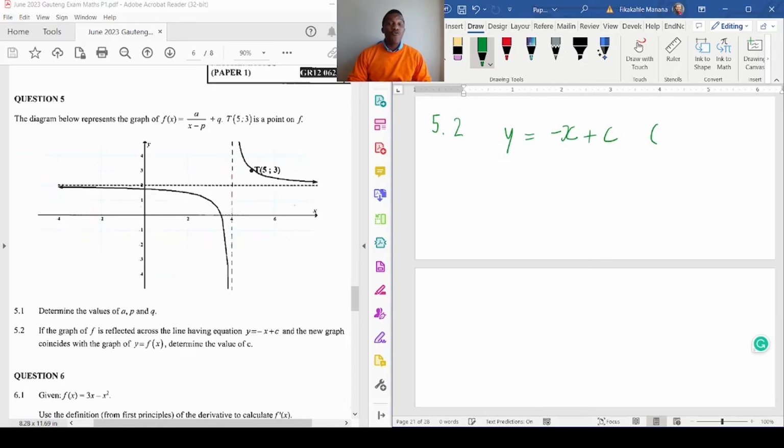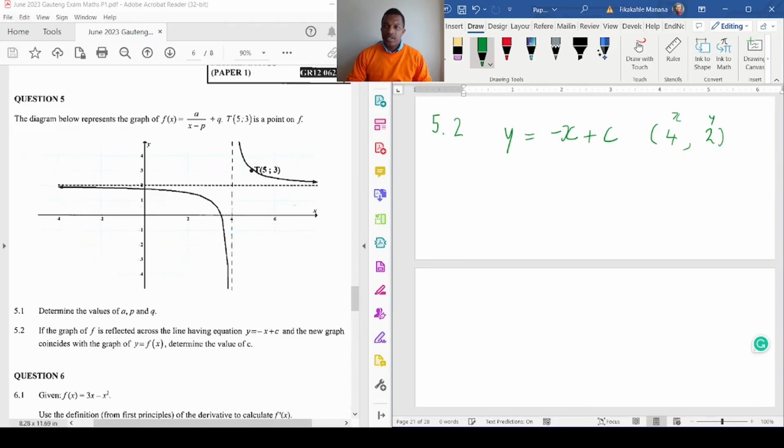Now we know for sure that this graph passes the intersection, and whenever you're solving for c with the line of reflection, you always use the point of intersection. Okay, so the point of intersection is 4 on the x, as you can see, and 2 on the y. Okay, as you can see graphically there.